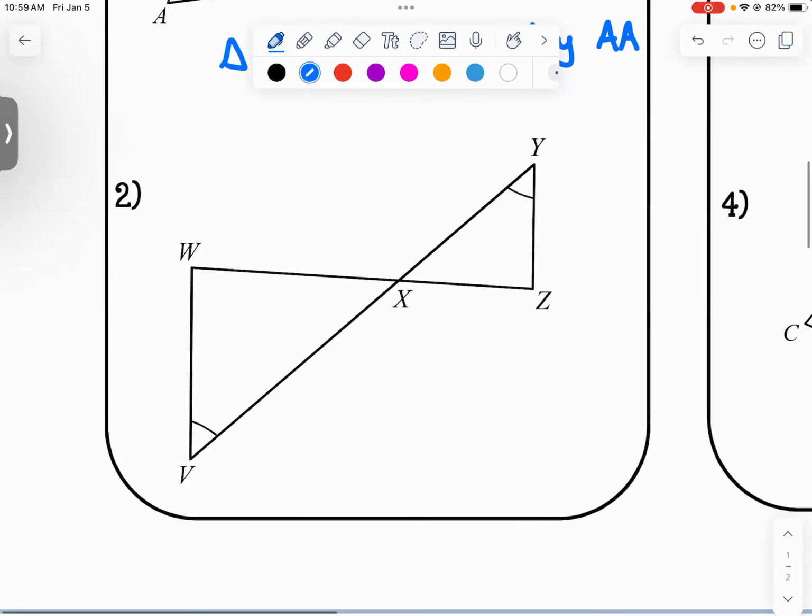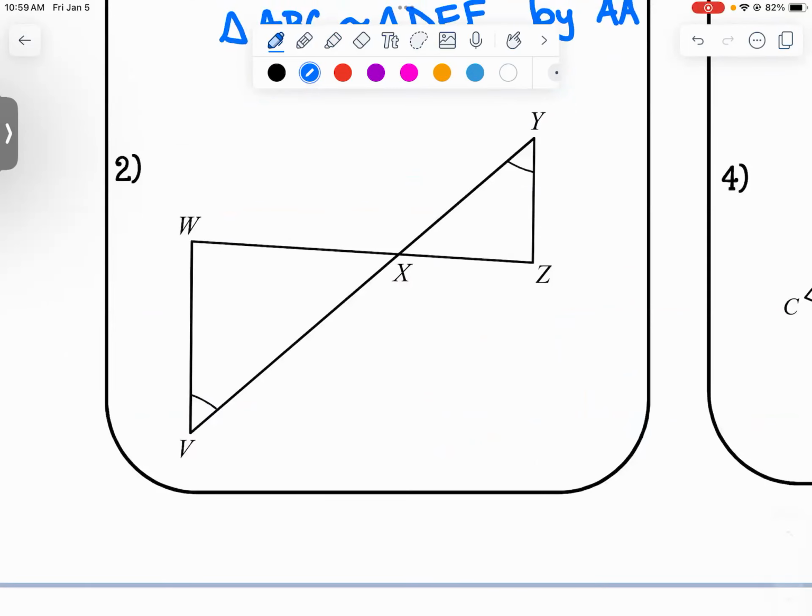Okay. How about number two? Now, number two, we don't have exact measurements, do we? That's okay. Because what is something that we can do in this picture? Ooh, we have some vertical angles. We know that these are congruent right here. And I'm going to use another color to mark this one.